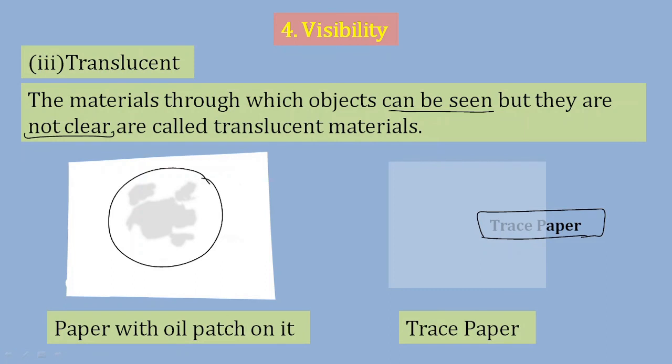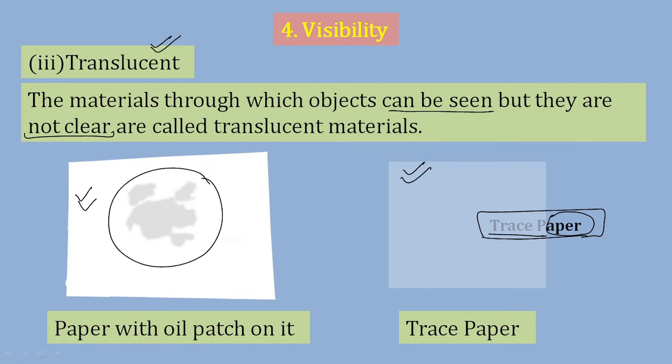It is visible through trace paper but not as clearly as it is visible directly. So this material is called a translucent material. We can say in a similar manner for the oil patch on a sheet of paper. So these are translucent materials.